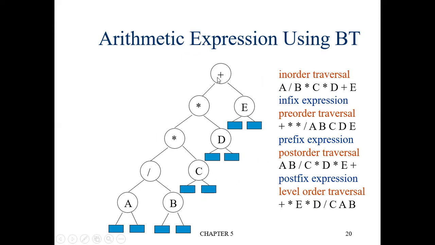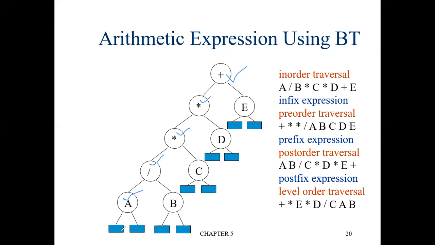If you start from the root, we go for the left subtree. From here we travel here, and then, since this also has a left subtree, we go here. In inorder, we will be traveling to the leftmost.